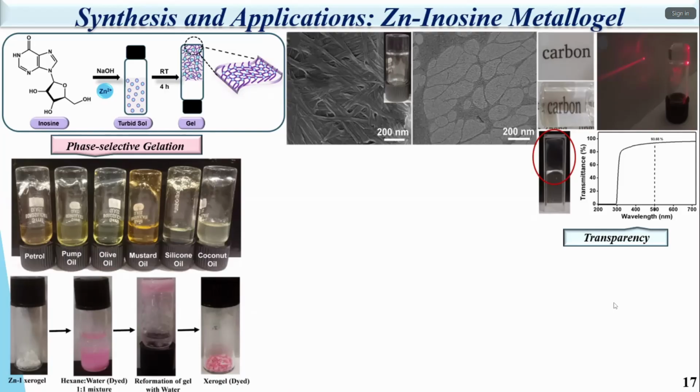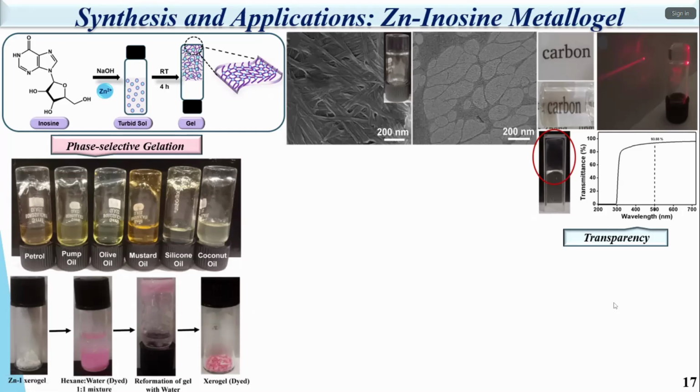This is commonly known as phase selective gelation. So we found that when we add zinc inosine xerogel to an oil-water mixture, like petrol and water, pump oil and water, olive oil and water, mustard oil and water, silicone oil and water, coconut oil and water.